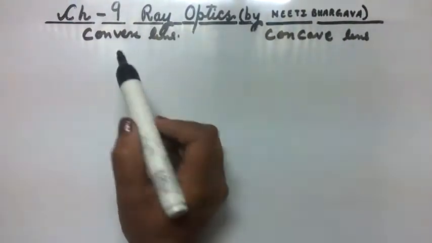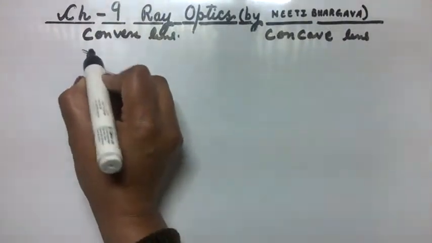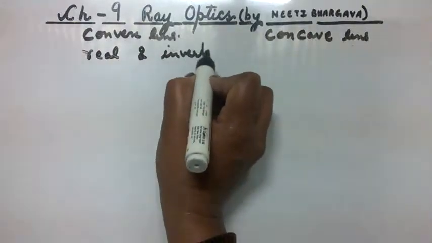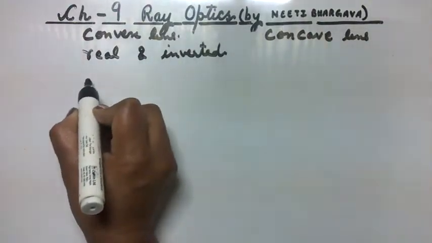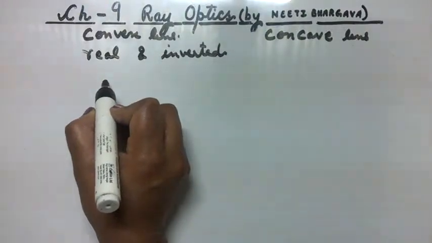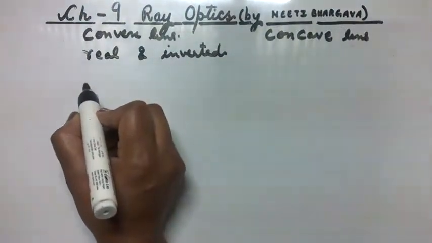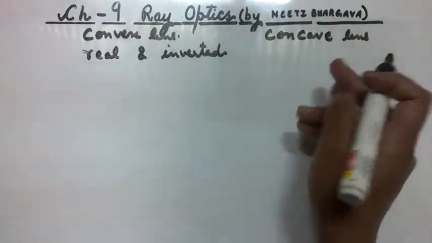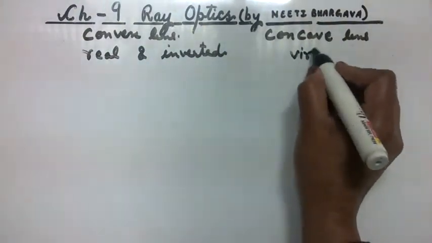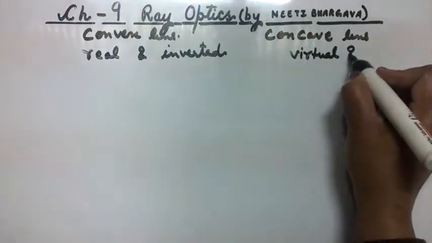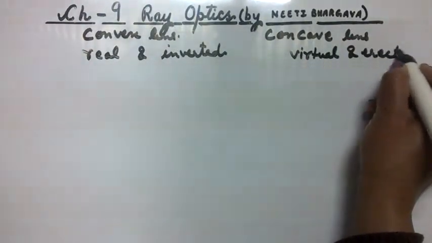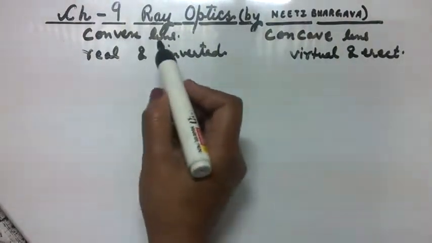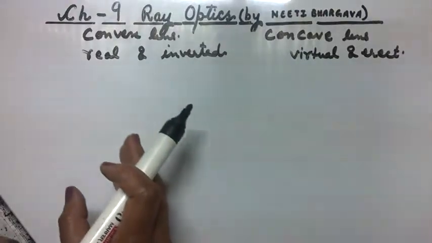Convex lens forms real and inverted image except at one position, when the object is placed within focus, that is between optical center and focus, then it forms a virtual, erect and magnified image. And concave lens always forms a virtual and erect image. So let's draw the ray diagrams formed by convex lens when we place the object at different 6 positions.